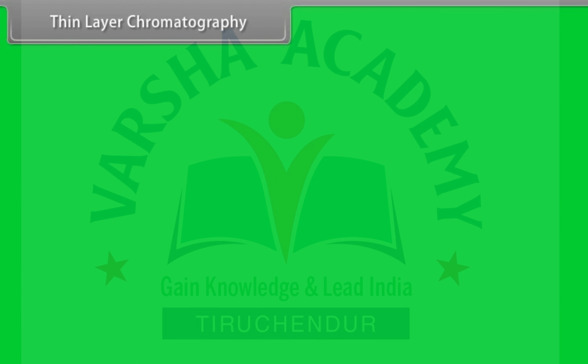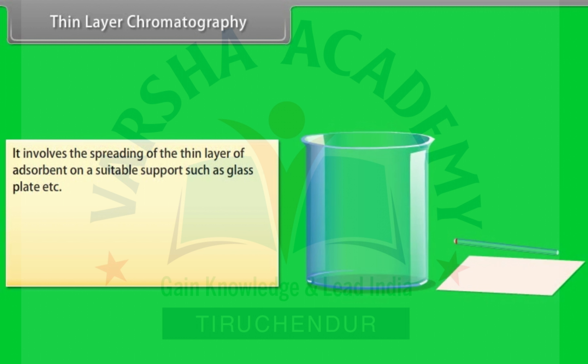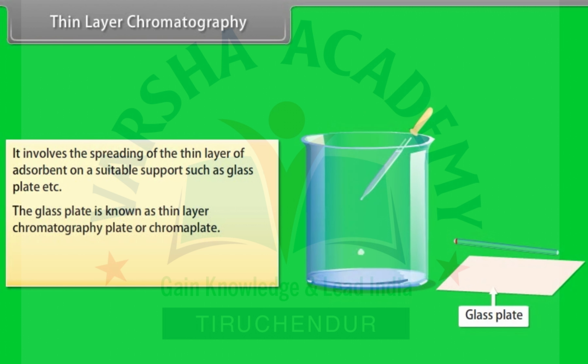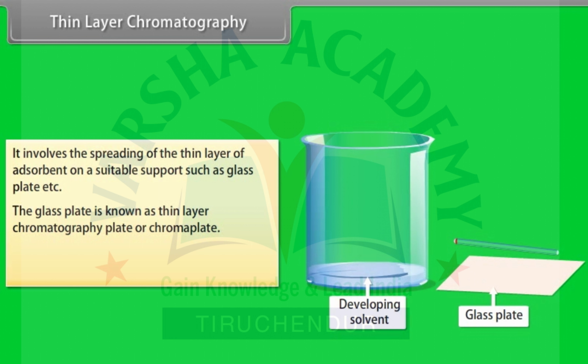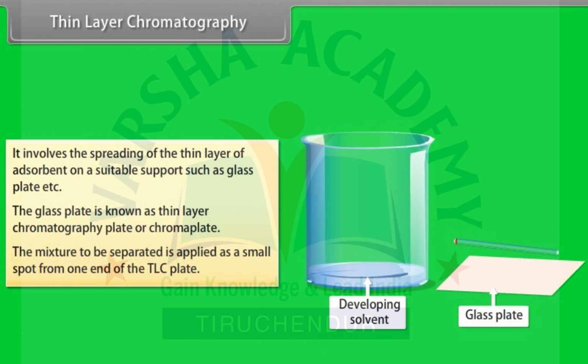Thin layer chromatography. It involves spreading a thin layer of adsorbent on a suitable support such as a glass plate. The glass plate is known as the thin layer chromatography plate or chroma plate. The mixture to be separated is applied as a small spot from one end of the TLC plate.